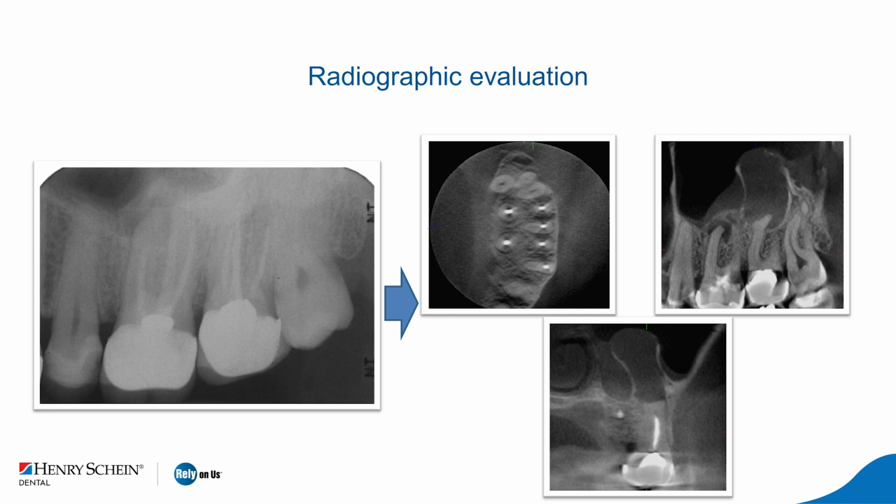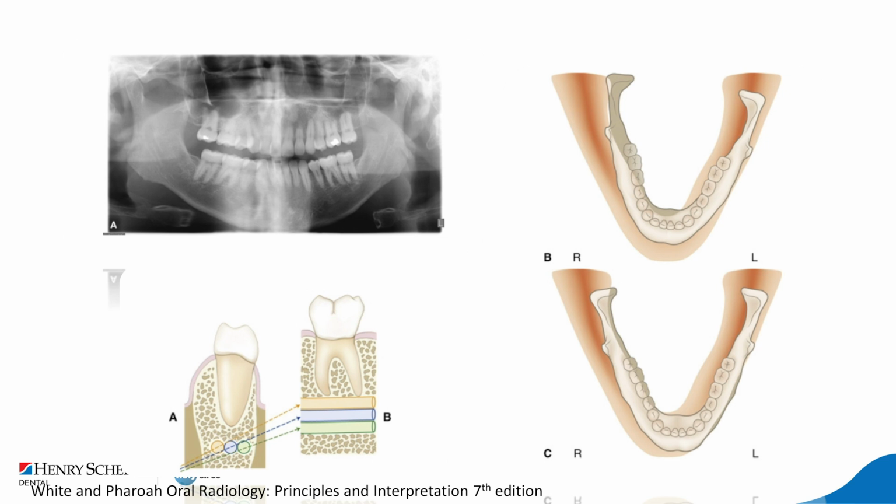So don't be afraid. Like I said, diseases are there on 2D. Sometimes they are impossible to see because there's so much superimposition on a PA or on a pan. But if you take a CBCT or a 3-dimension volume of the area, you might be able to see so much more. And this is a nice example also of the geometry associated with the panoramic radiograph.